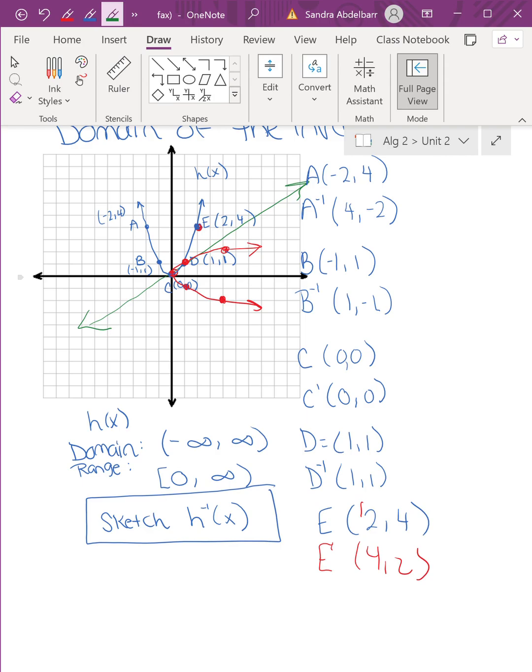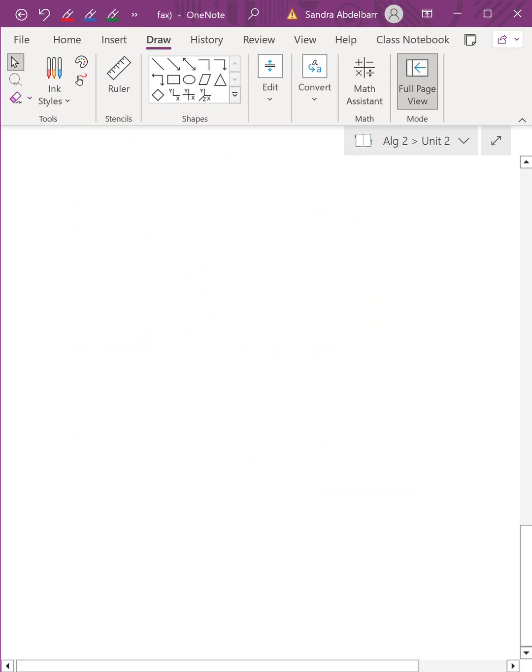And that's not a coincidence either. Anytime you have an original and you take the inverse, it will always be a reflection over the line y equals x. Always. All right, so let's do some real problems now. No, this was just visuals to show you, just so you understood what was going on.